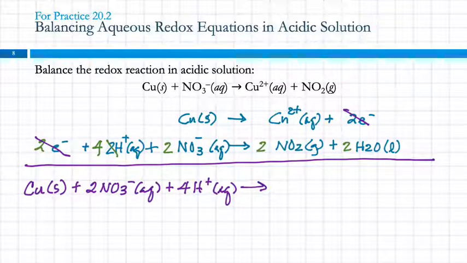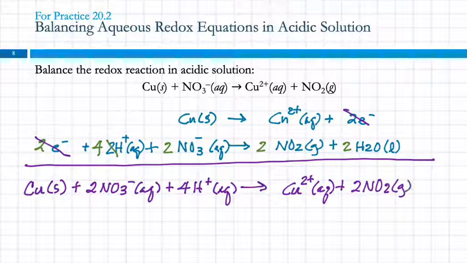The order that you put them in is not significant. Cu, that's not a very good U. Cu2+ and 2 NO2s and 2 H2Os.